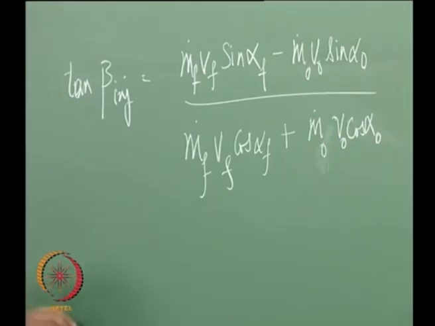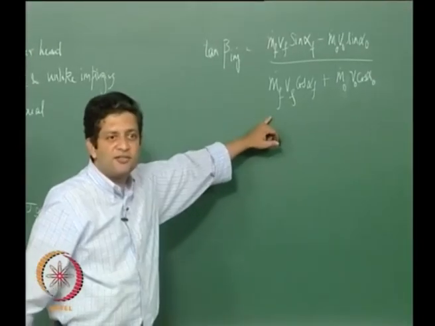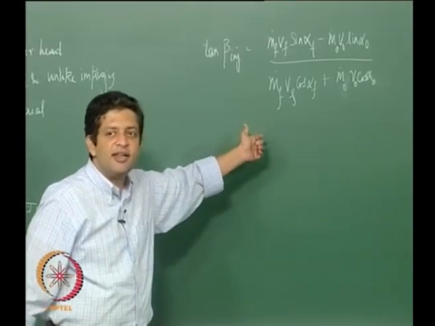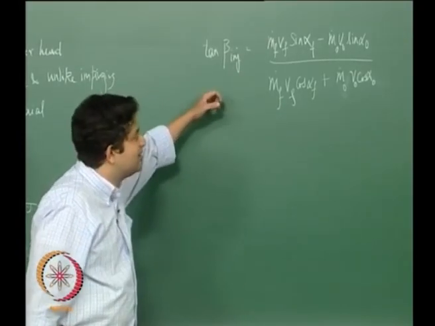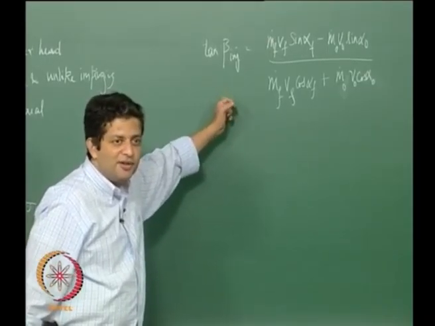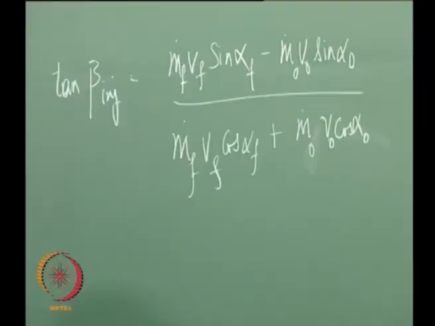Now if due to any reason the mass flow rate or one of the parameters of one of the jets varies, then the resultant direction will also change, which is not a very good thing, right.